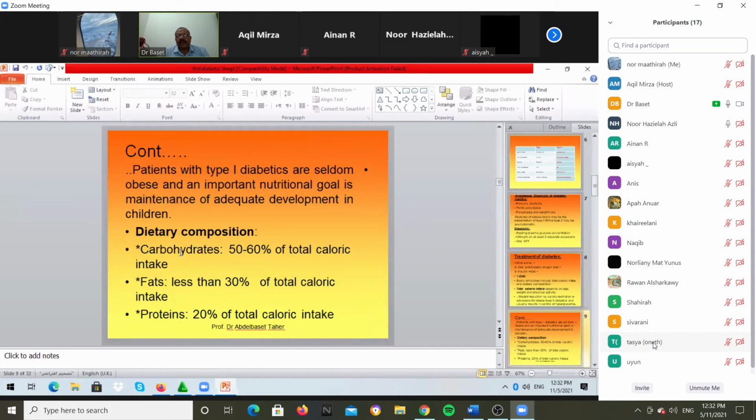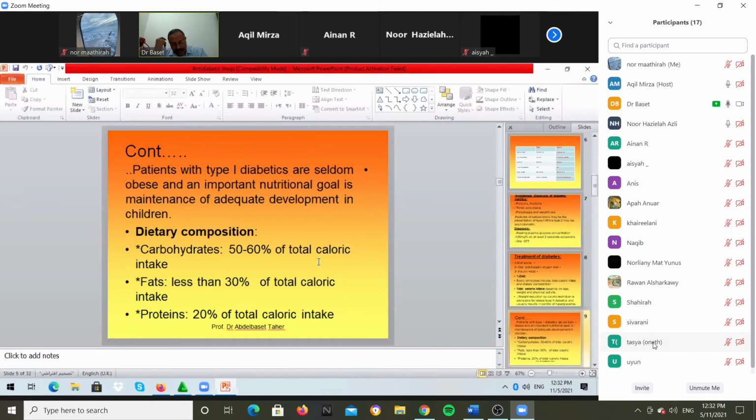The basic components are carbohydrate, fats, and protein. In general, suppose my patient is a heavy worker and needs 3,000 calories or more per day. Can this 3,000 calories be given as carbohydrates, to allow him to have good calories?